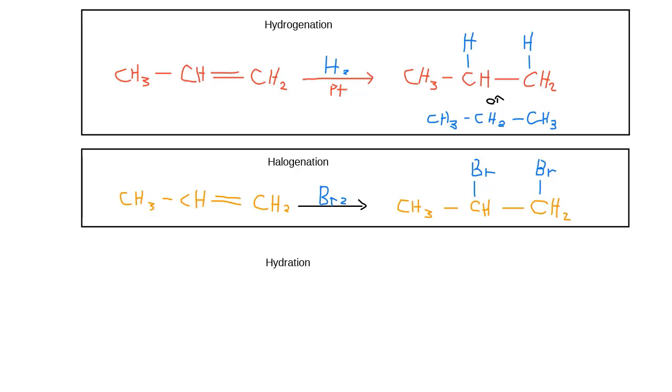So like, for example, I'll start with my same compound that I started with previously. And with my double bond, CH2. And then I'll go ahead and draw my reaction arrow. And we'll react it with water.